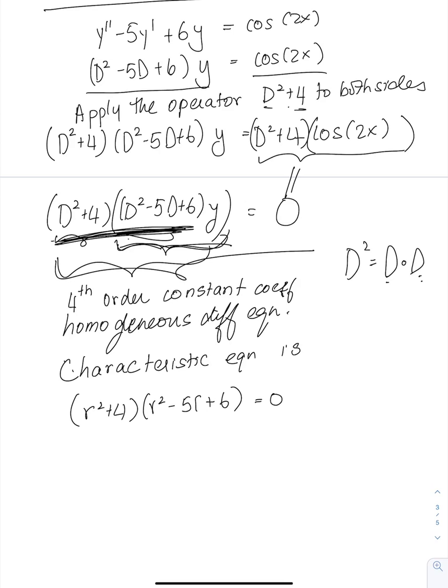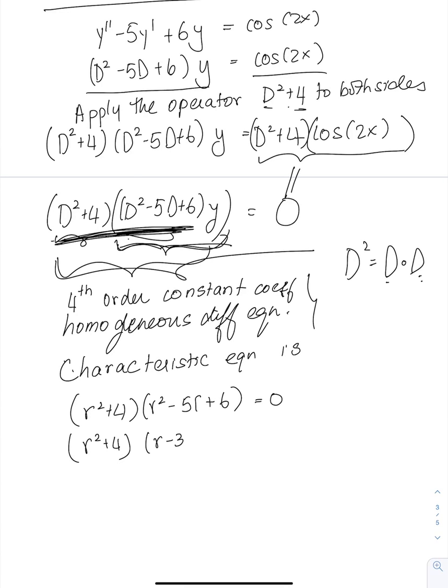Now, to find solutions to a constant coefficient homogeneous differential equation, what do you do? You find all the roots of the characteristic equation. Okay, so let's factor this. This stays as r squared plus 4 because that's complex. And r squared minus 5r plus 6, so what do you have?